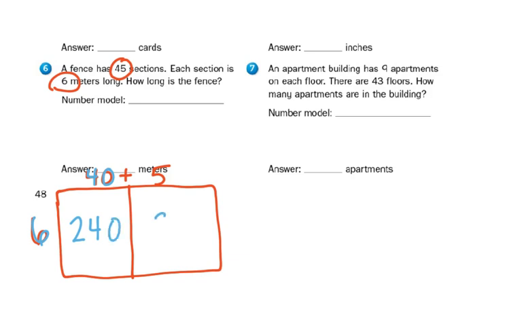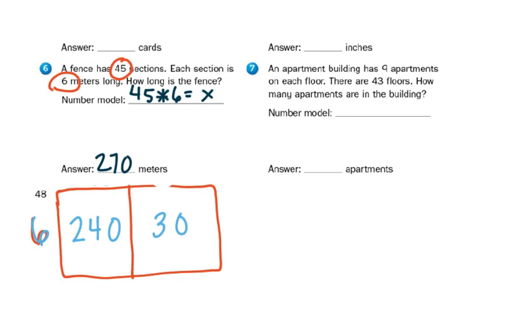And 6 times 5, which is 30. I can then add those together in my head. 240 plus 30 is 270 meters. Let's go ahead and write an equation. 45 sections times 6 meters per section gives me my number model.